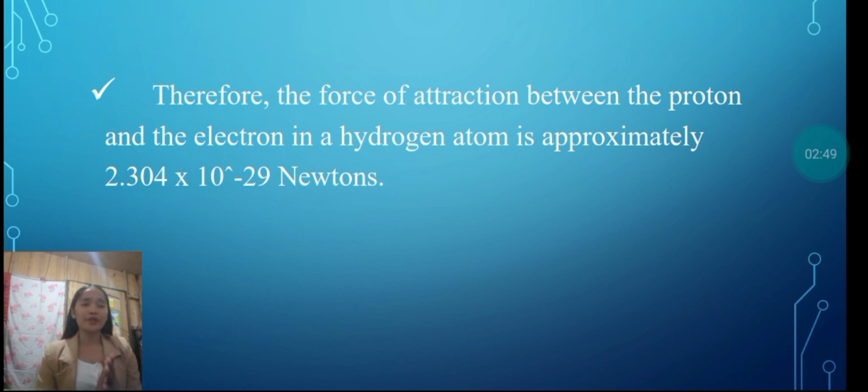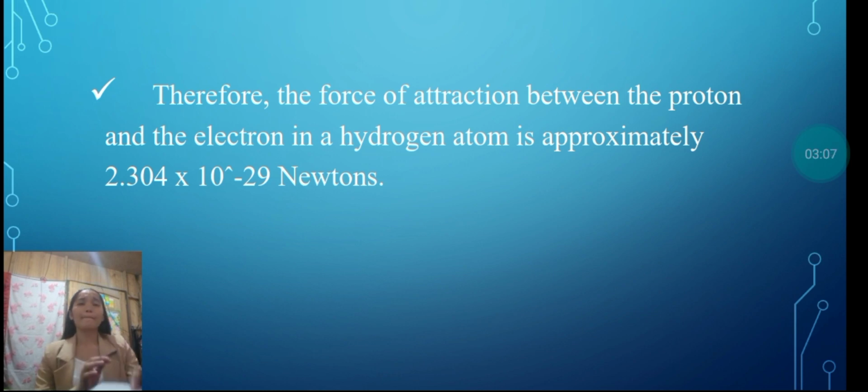Therefore, the force of attraction between the proton and the electron in a hydrogen atom is approximately 2.304 times 10 to the negative 7 newtons.